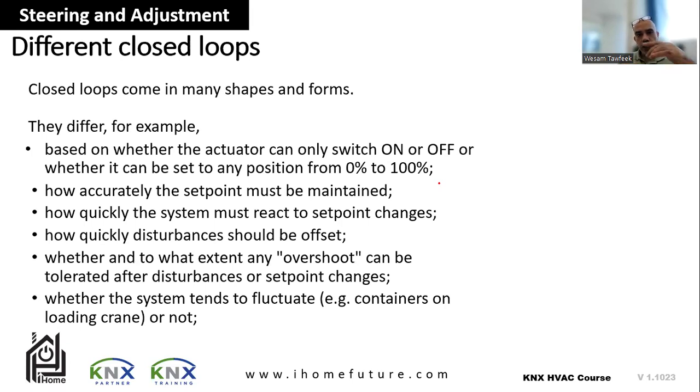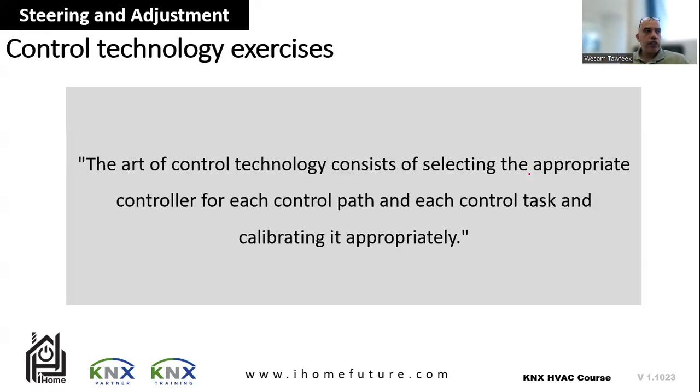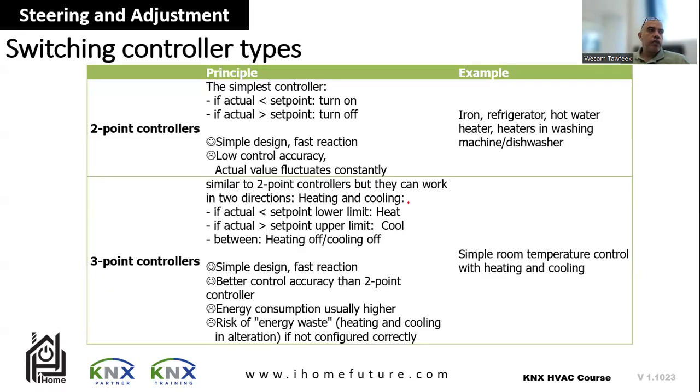Sometimes systems fluctuate, I told you. So normally you have a very small gap where the system shouldn't increase. The art of control technology consists of selecting the appropriate controller for each control path and each control task and calibrating it appropriately. This is how a real adjustment system works.